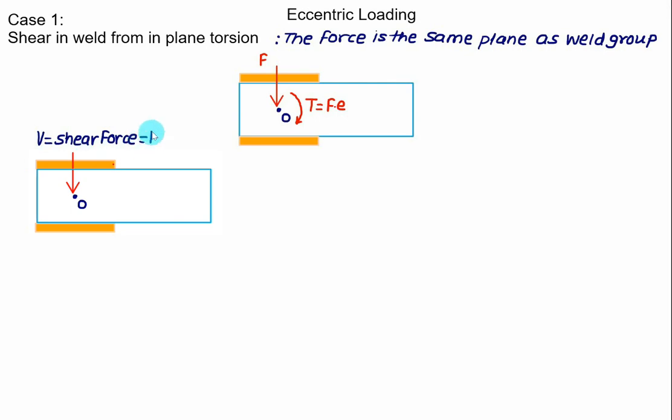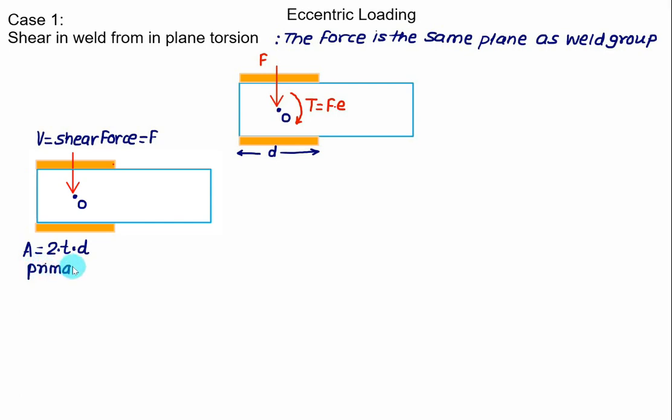This time the total area on the top and bottom is equal to 2 times the throat thickness multiplied by D, where D is the weld length. The weld length on the top and bottom is the same. So we have 2 times T multiplied by D, and it will create a shear. This time we will call it a primary shear.